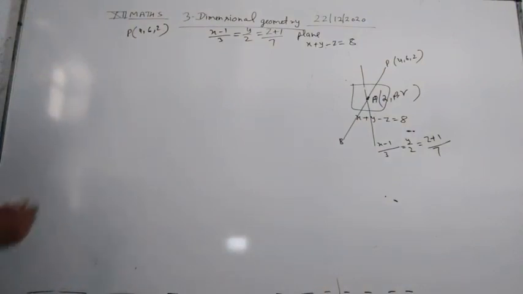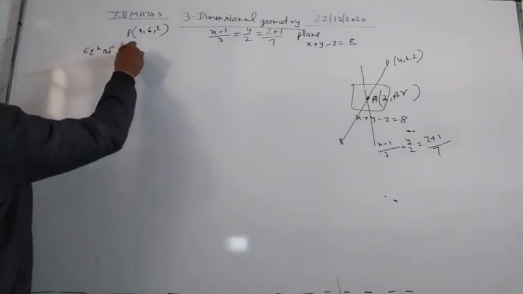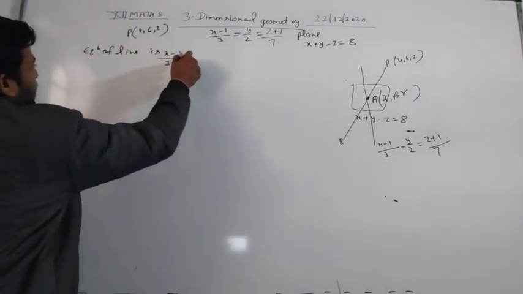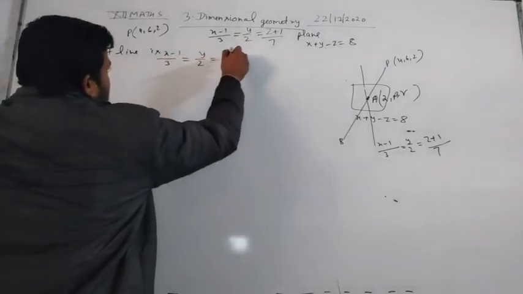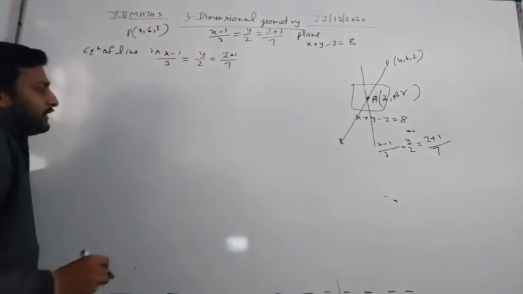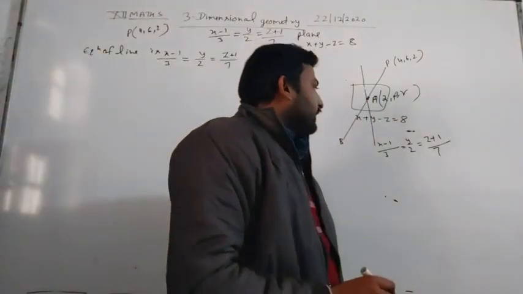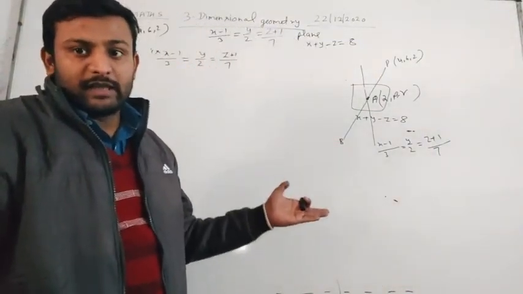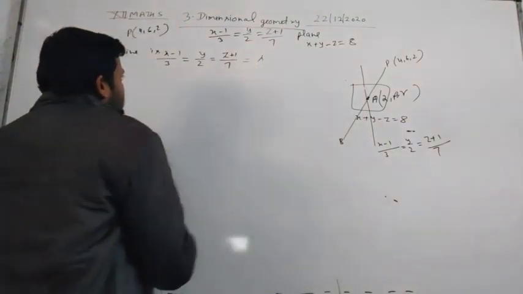We have the equation of the line given, which is (x minus 1) by 3, y by 2, (z plus 1) by 7. We will take a general point on this line, considering the constant lambda.